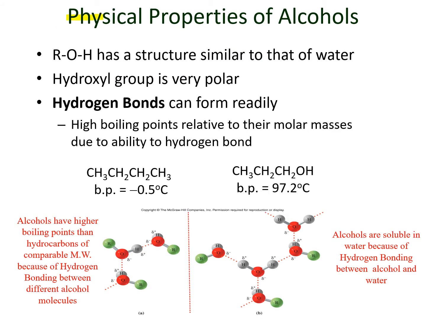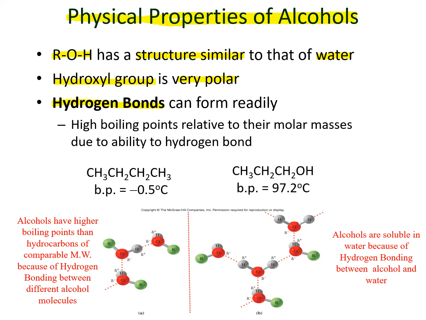Next are the physical properties of these alcohols. The molecule of an alcohol is very similar to water. This ROH, which represents the alcohol, has a structural similarity to water. The hydroxyl group is very polar, and therefore it can make hydrogen bonds readily.